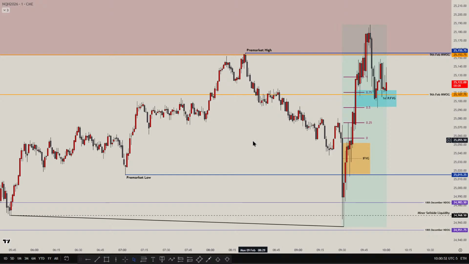Very low probability, 50-50. Yeah, I agree.